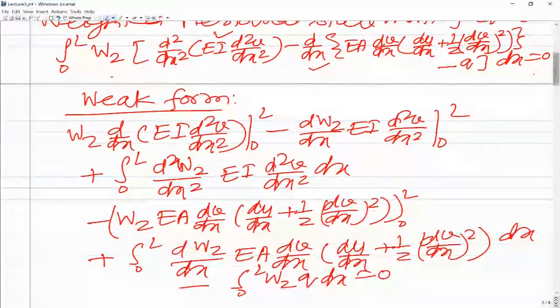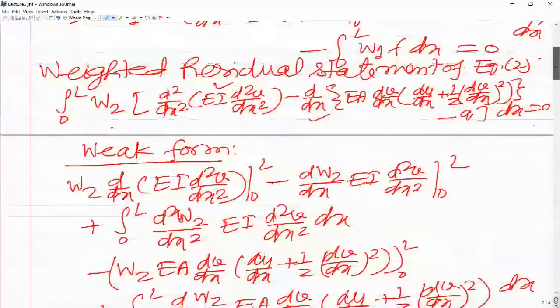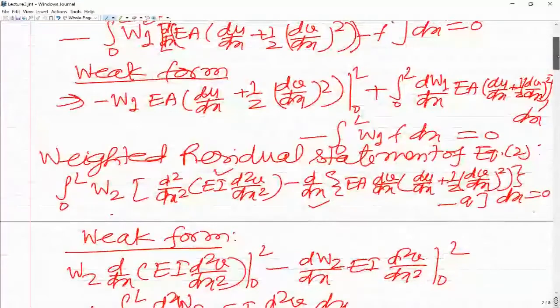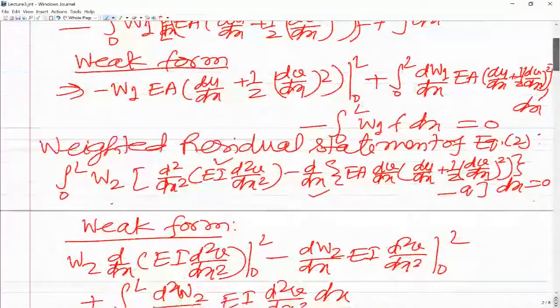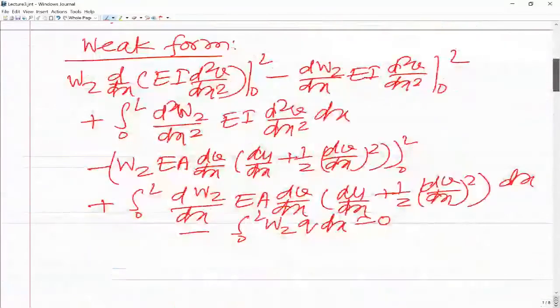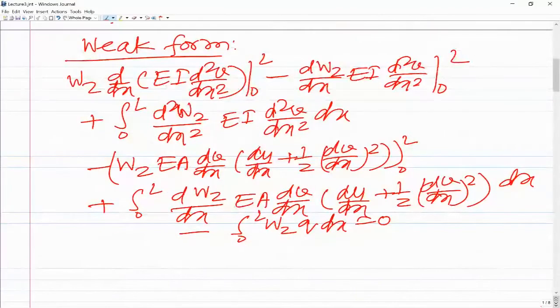So now if you look at the first term, we want to identify the primary and secondary variables. The boundary term is this particular term, and this equation comes from the equilibrium of forces along the x direction. So in place of w1 we take u, so that would be the primary variable and this will be the corresponding secondary variable. Now when coming to the second equation, you see there are three boundary terms.